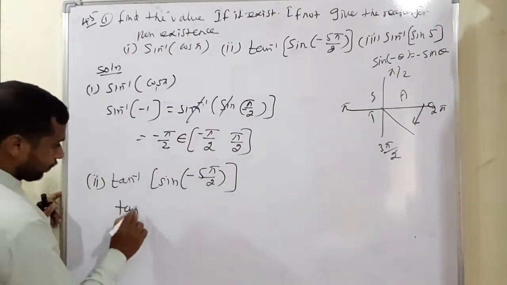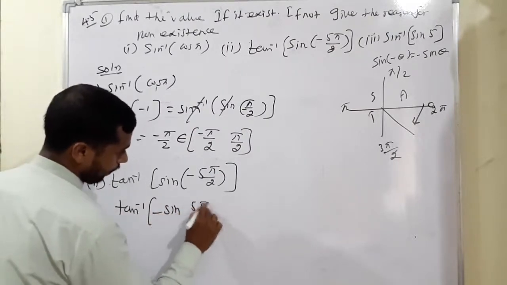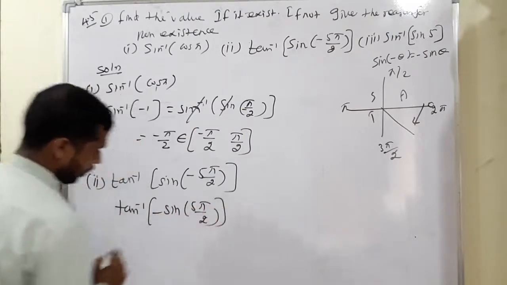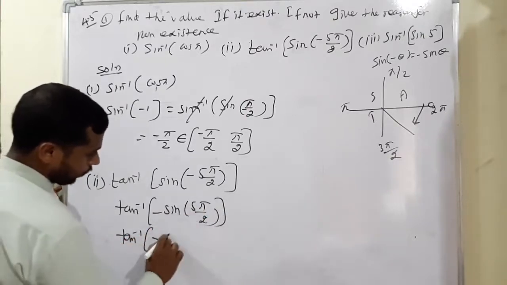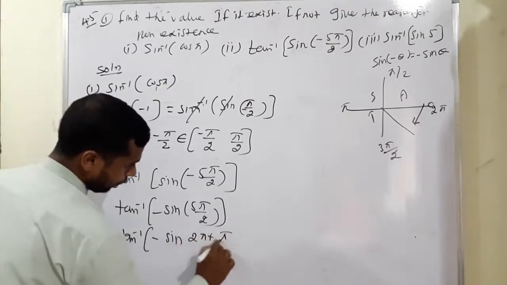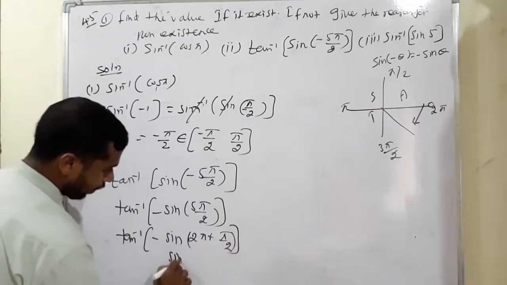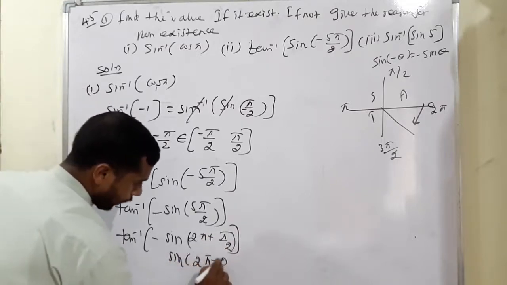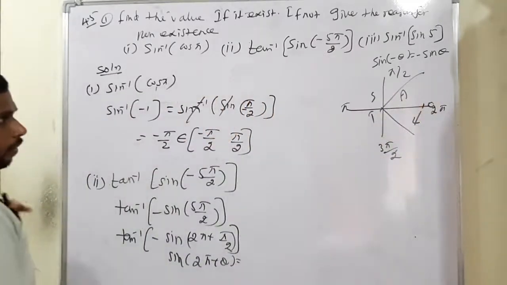Tan inverse of minus sine 5 pi by 2. Now, how to expand 5 pi by 2? 2 pi plus pi by 2. Already we know sine of 2 pi plus theta: 2 pi plus theta means first quadrant, and first quadrant means all values will be positive.